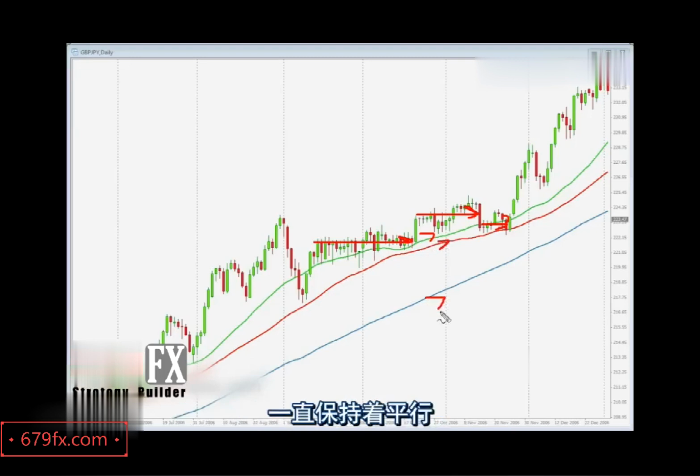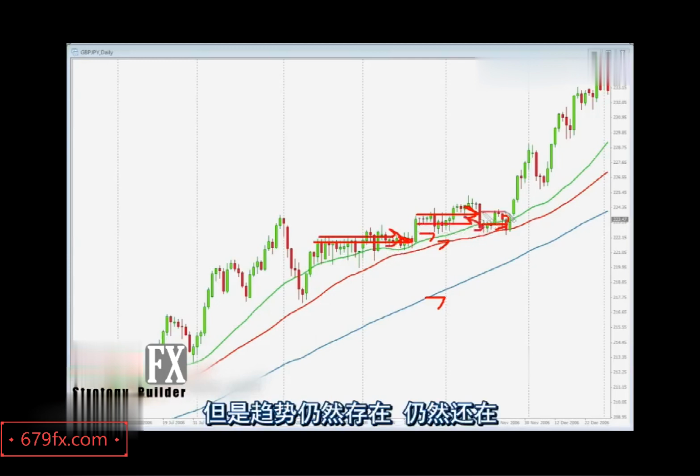They kept on being parallel to each other, no crossover whatsoever. The trend is still intact, okay? The trend is still in place. It's just that we are going through a momentumless part in this trend, but the trend is still indeed there.